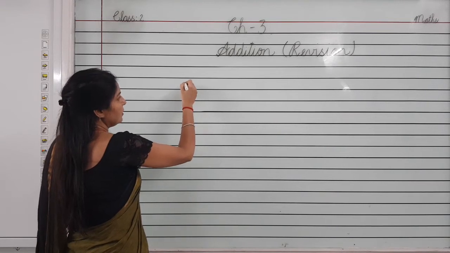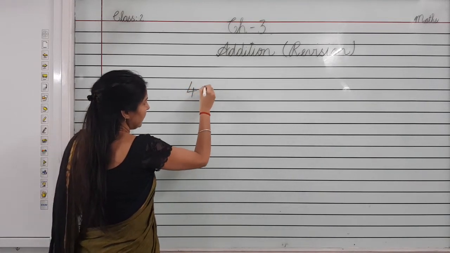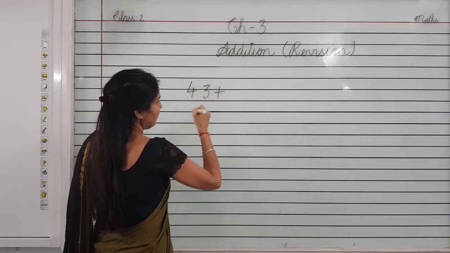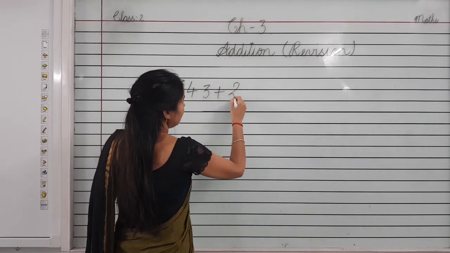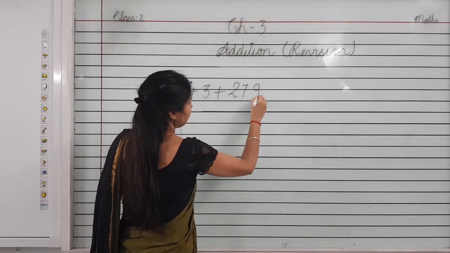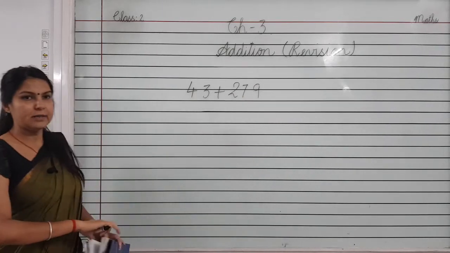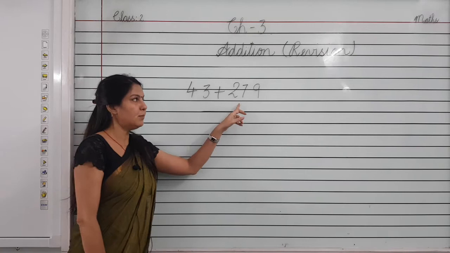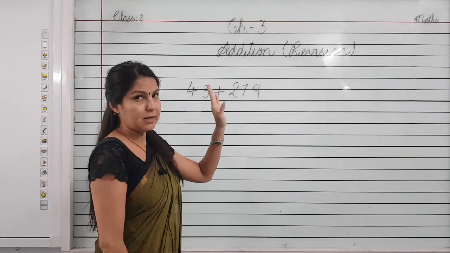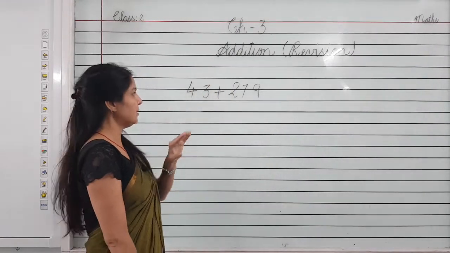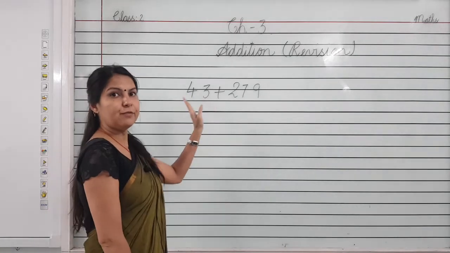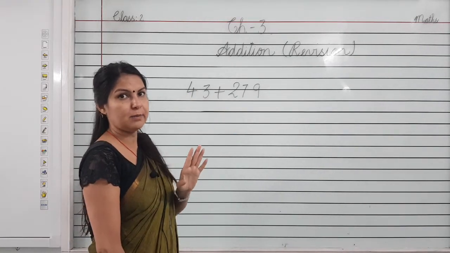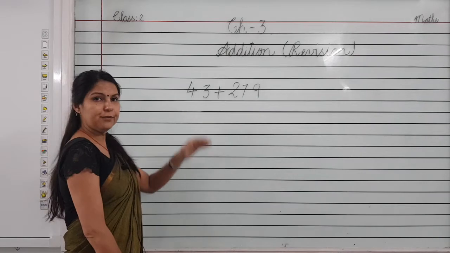First of all we are going to add 43 plus 279. Now children, here you can see in this number only 2 digits and in this number here are 3 digits. But children, you know one rule of addition, when we change the order of the numbers, the answer will remain same. So you can write any number first of all.